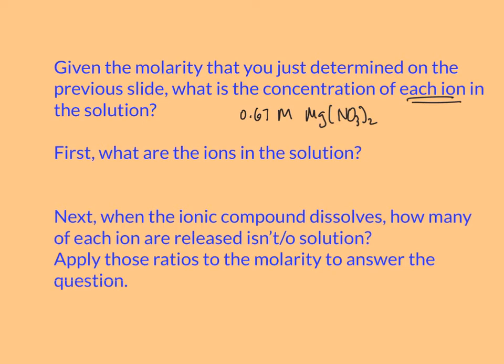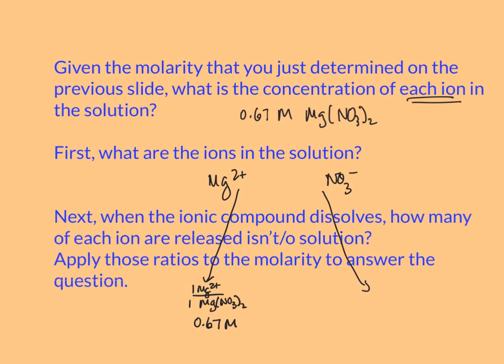Okay, the ions in the solution are magnesium ions and nitrate ions. Because there is one magnesium ion for every one magnesium nitrate formula unit, the concentration of magnesium ions will be 0.67 molar because of the 1-to-1 ratio with the original compound.